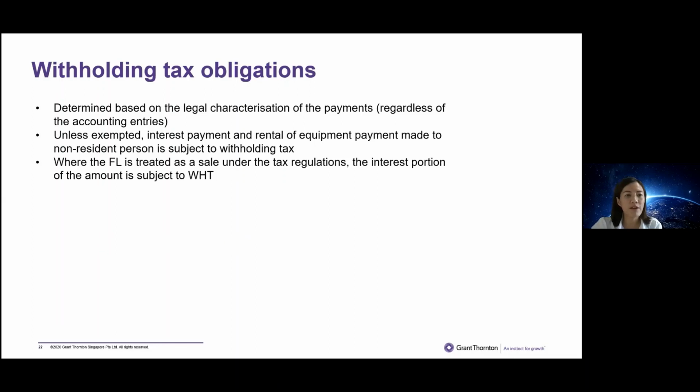So in a case where finance lease is treated as a sale agreement, meaning the lessee has effectively acquired a capital asset, then the purchase of the capital asset is not subject to withholding tax, but the portion of the interest element that is implicit in your lease agreement would have to be subject to withholding tax.